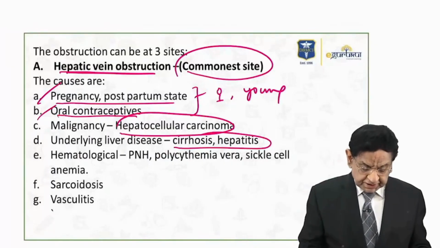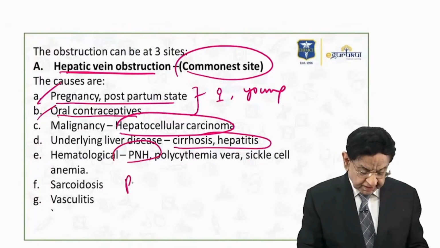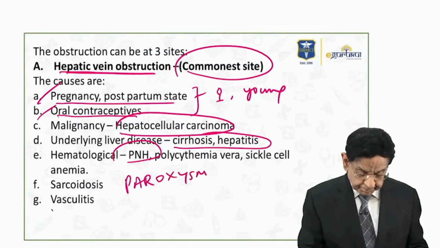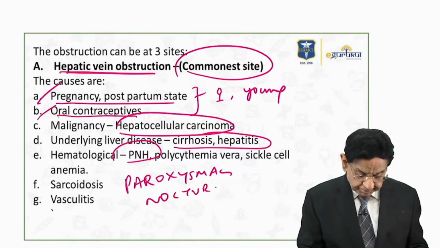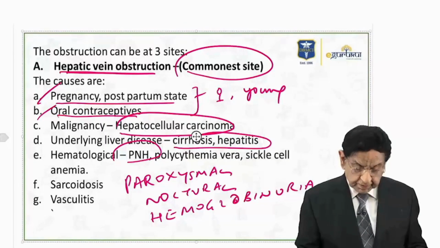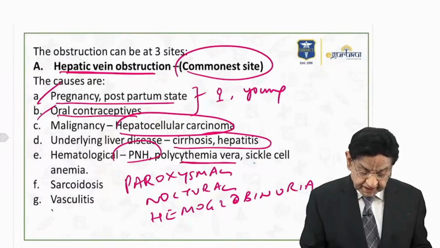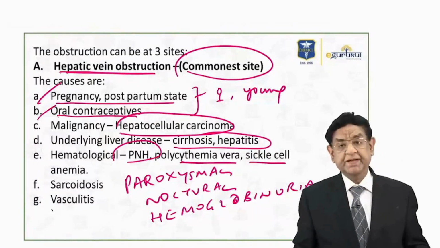A hematological condition like PNH, PNH is paroxysmal nocturnal hemoglobinuria, polycythemia vera, sickle cell anemia.